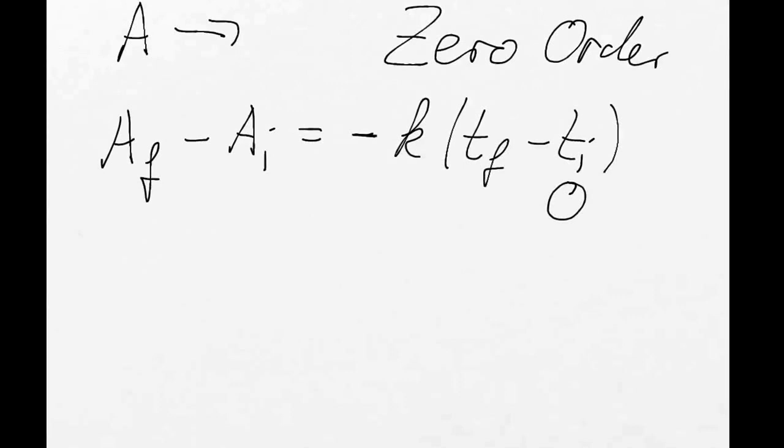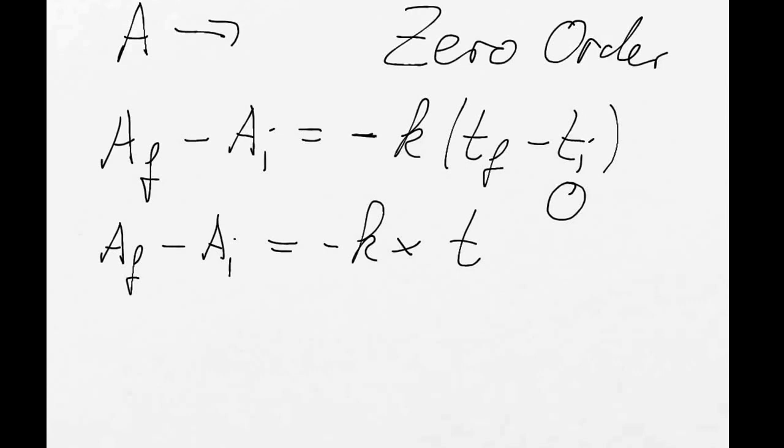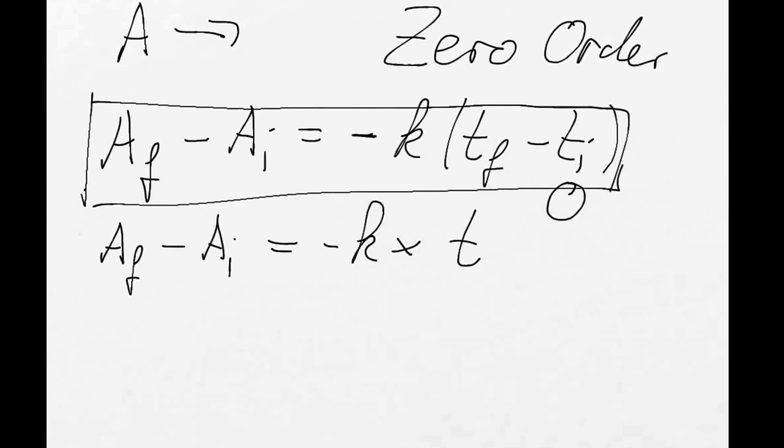So we have A final minus A initial equals minus K times, and we usually are a bit lazy, we'll just simply say T. And from this equation, we can basically do quite a bit of calculations.